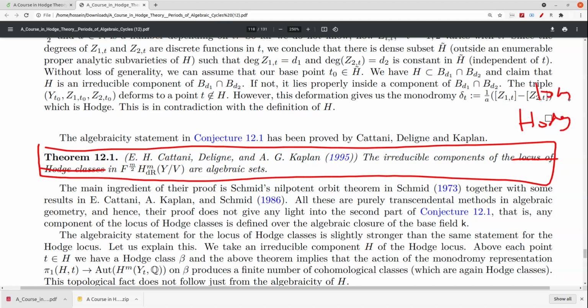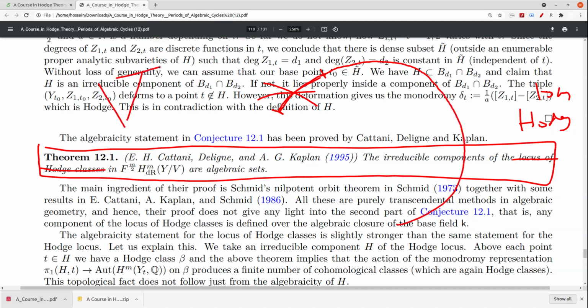locus are algebraic sets. Maybe in simple words I have to say, so we have defined something which is local, and at the end of the day this theorem will imply that in our situation that I already defined, these local irreducible components are part of an algebraic set.